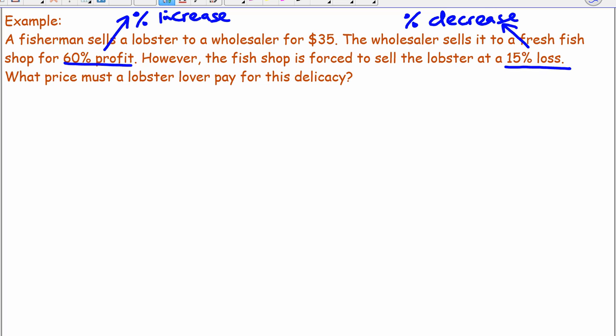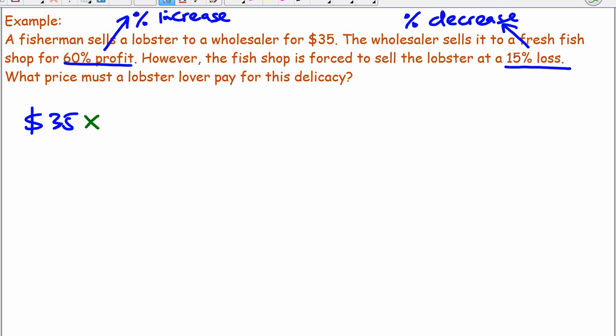So the first thing that we need to do is get those multipliers. Because I want to find the final price of the lobster, I'll start from the left. Right in the beginning, from the fisherman, it's $35, but in between a lot of things are happening. So let's start with the first one. A wholesaler sells it to a fresh fish shop for 60% profit.